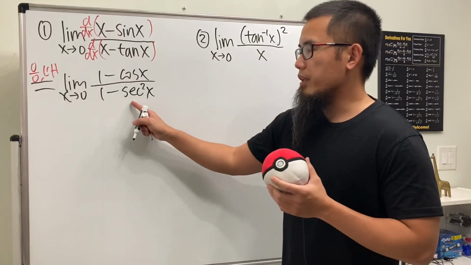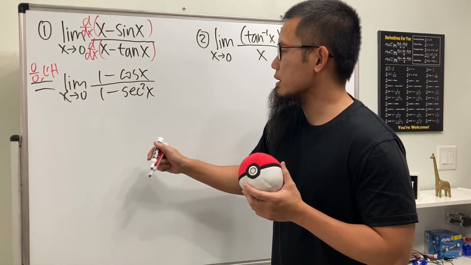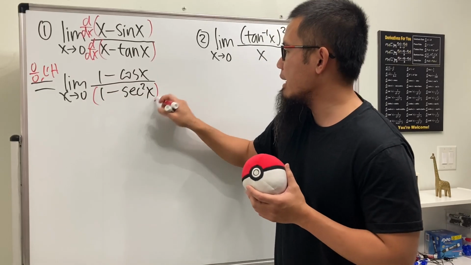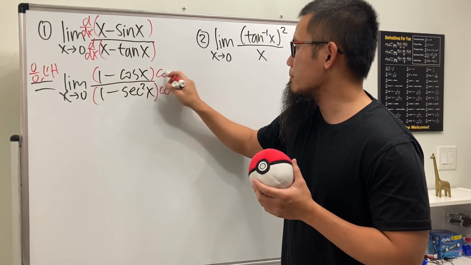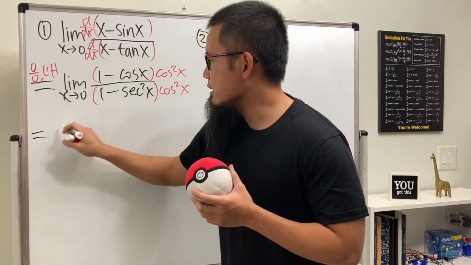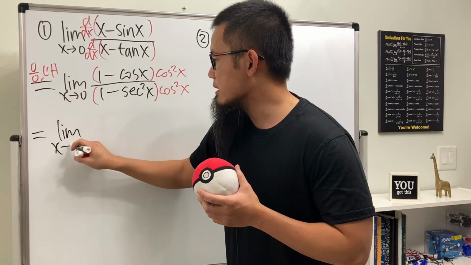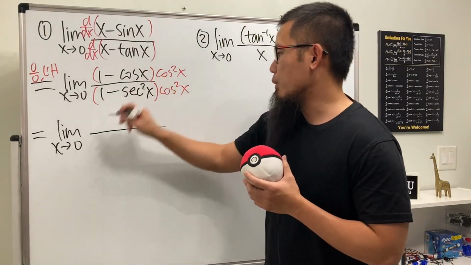Well, this right here is 1 over cosine square. So what we can do is, let's just multiply the top and bottom by cosine square x. We're just going to do some cancellations. So when we do that, you see that this is just going to be the limit as x approaching 0. On the top, I'm not going to multiply out. I will show you why.